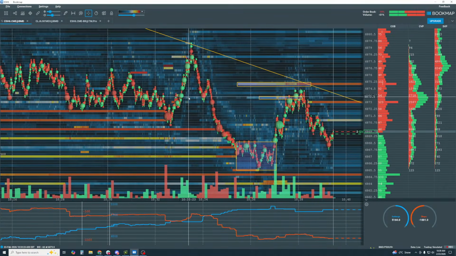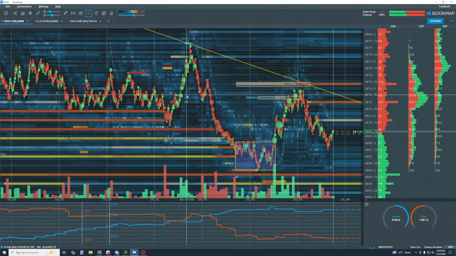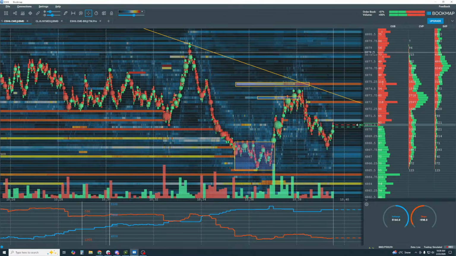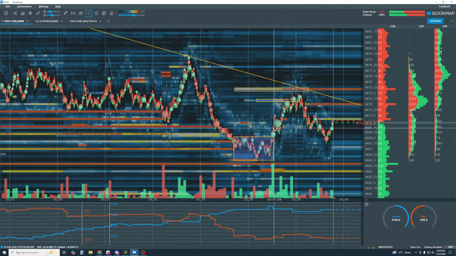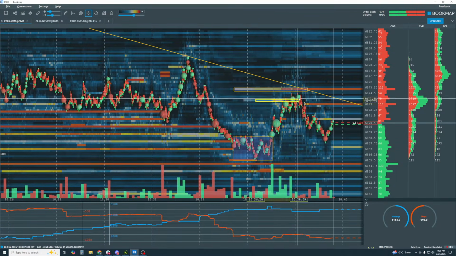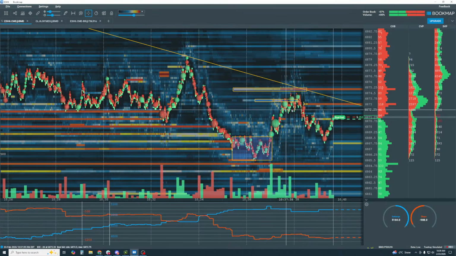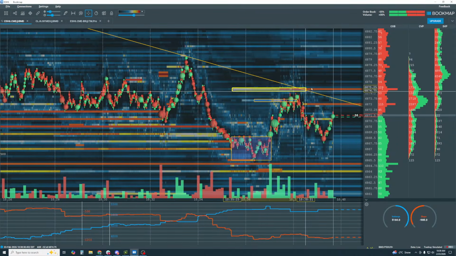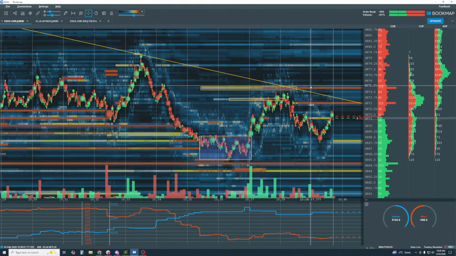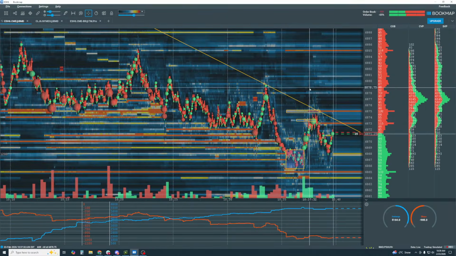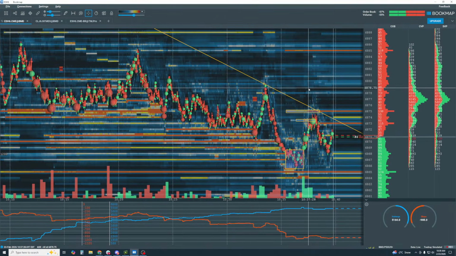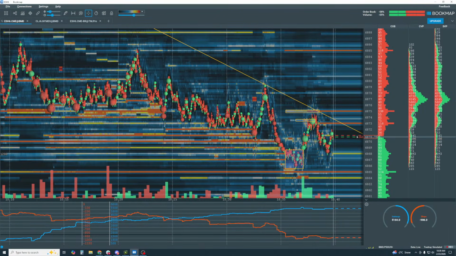But secondly, what I want to mention here is why does this one look pretty good for a smaller move here? And it could turn into a bigger move. Okay, we're talking about context here.